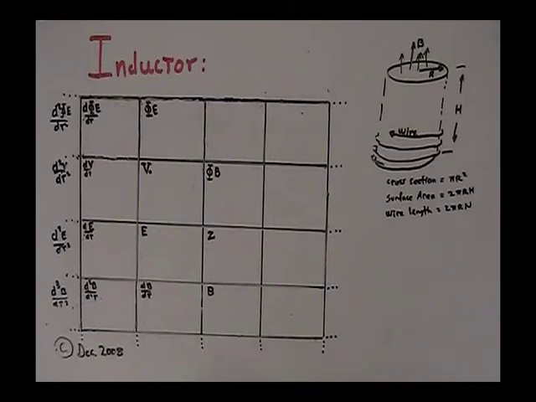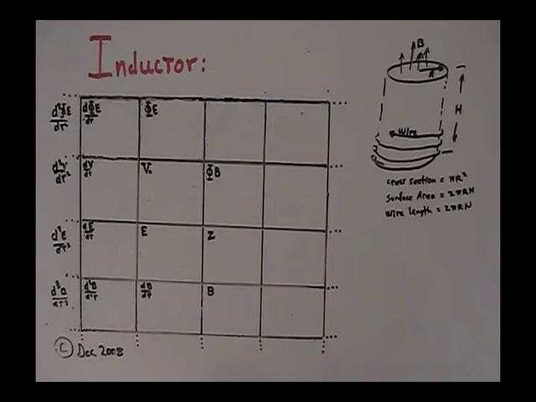The geometry remains fixed. So we can write V as mu naught 2 pi r n squared over 4 pi h dI naught dt.